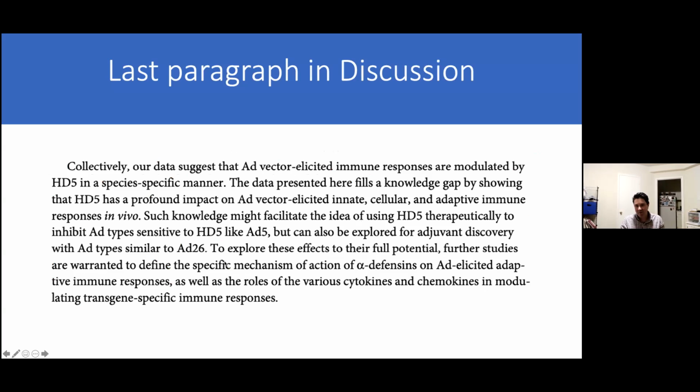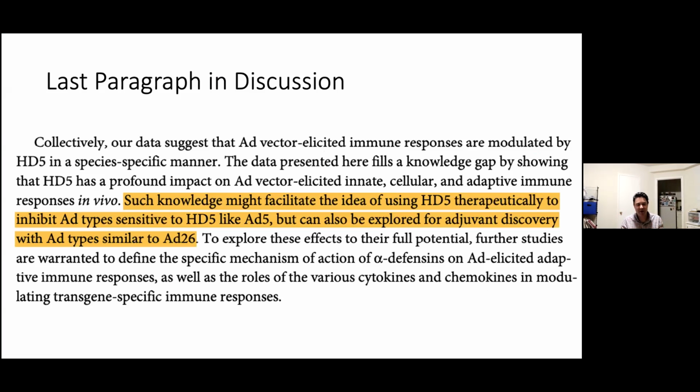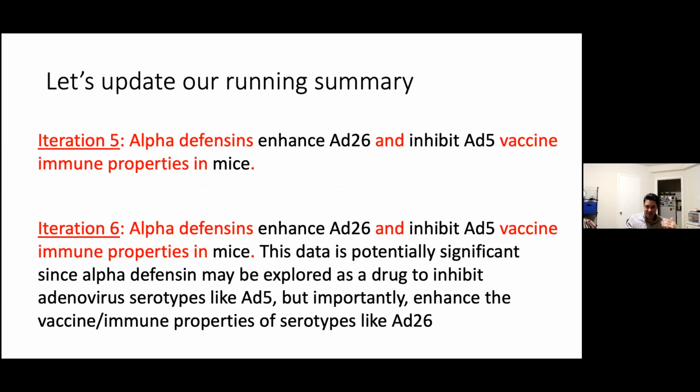The last paragraph of the discussion, and this is where I mentioned some of these lofty expectations. I'm just going to highlight a small portion. The authors state that such knowledge might facilitate the idea of using alpha defensin therapeutically to inhibit Ad types sensitive to HD5, like AD5, but also can be explored for adjuvant discovery with Ad types similar to AD26. So that information we essentially just tacked on here.